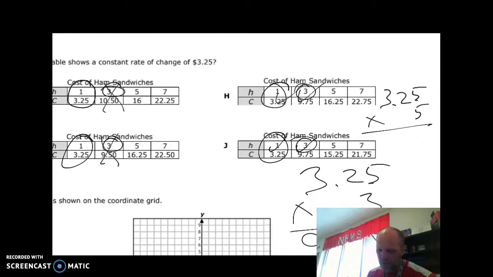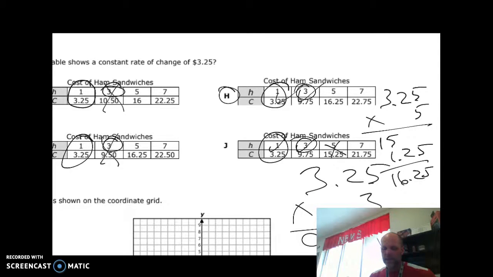So 5 times $3 is 15, right? And then if I have 5 quarters, how much is 5 quarters? It's $1.25, right? So it's $16.25, and that is H.